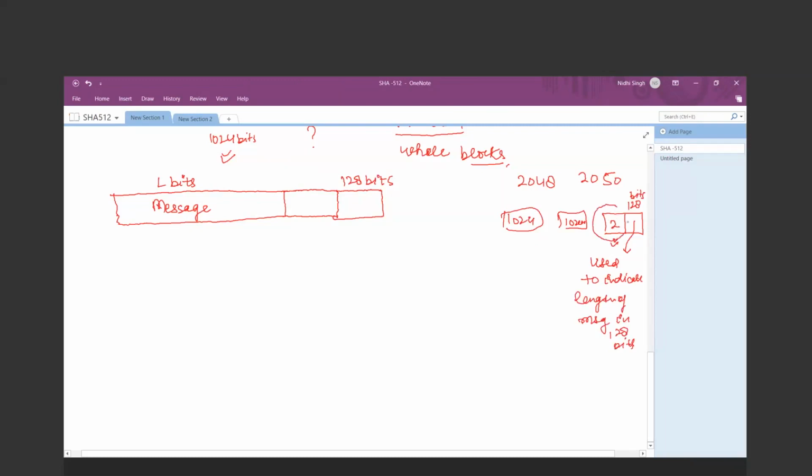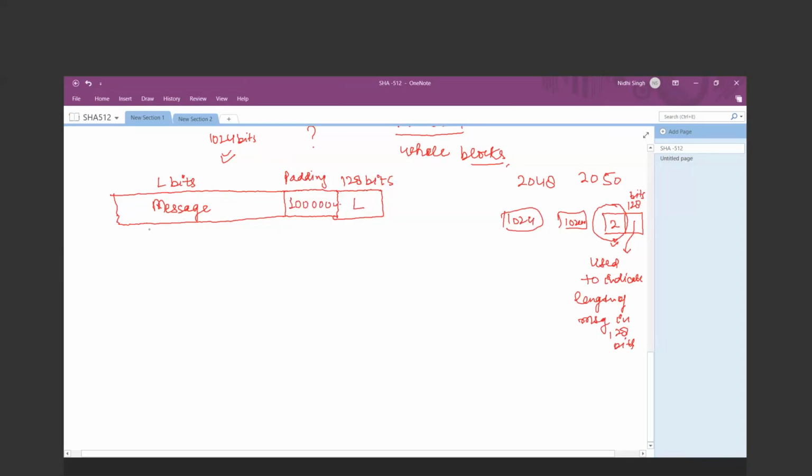The remaining space is this one, right? So this is my padding space, and this is my reserved bits. It is used to indicate the length of the message in 128 bits representation. And padding will be 1 followed by zeros.